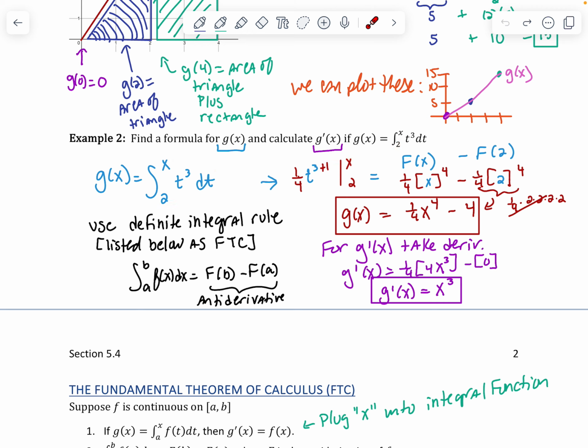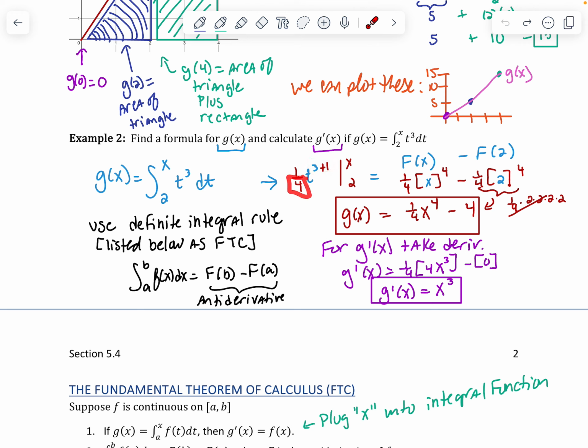Now, to find g, I want to use the definite integral rule. That's where I take the antiderivative using the Fundamental Theorem of Calculus, part 1. So I'm going to take the antiderivative of the function and evaluate it from B to A. Coming back up here, I'm taking t cubed, and the antiderivative formula says add 1 to the exponent.